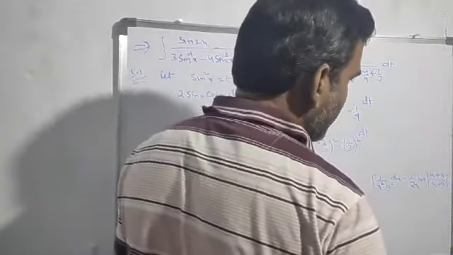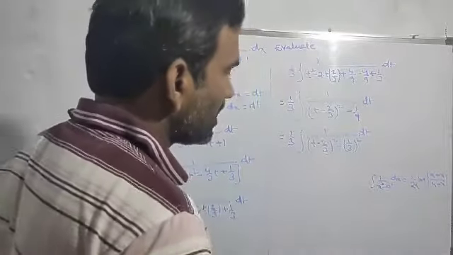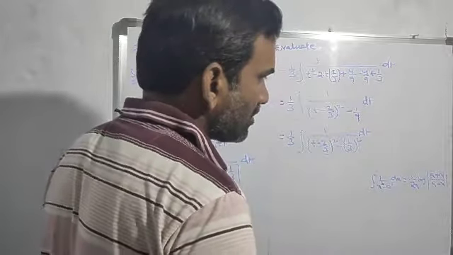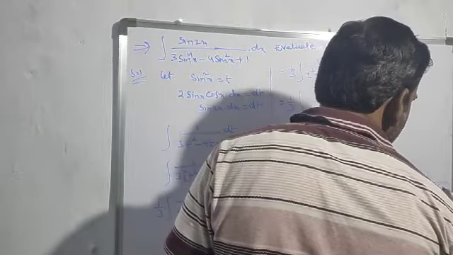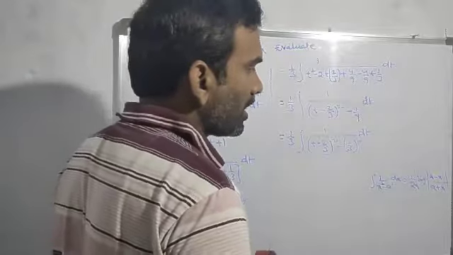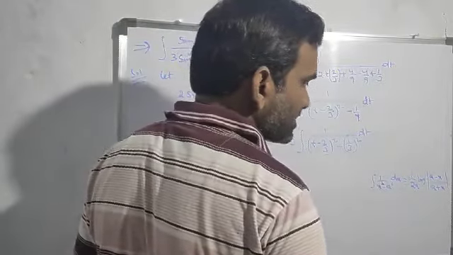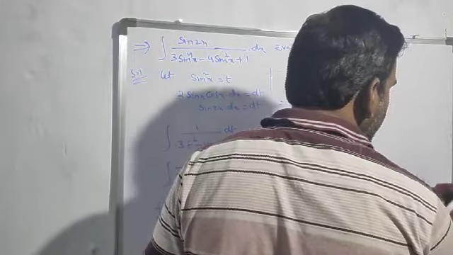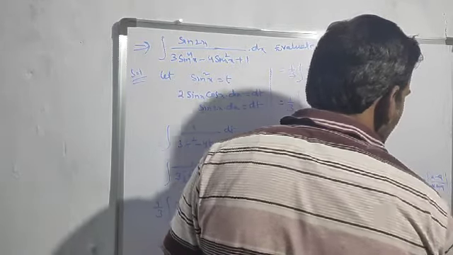We have to write like that, x square minus a square. Either a minus x by a plus x, or x minus a by x plus a, no problem, both are fine.